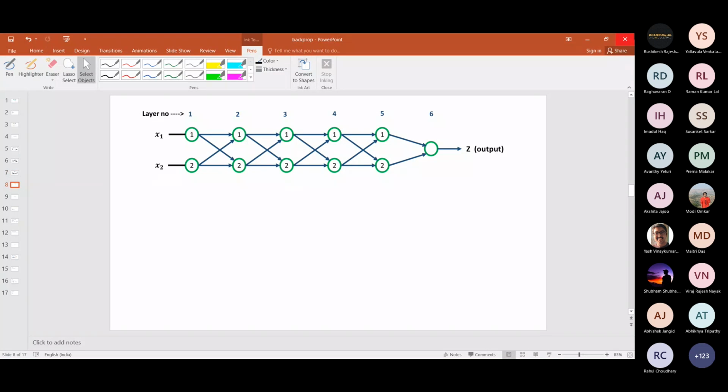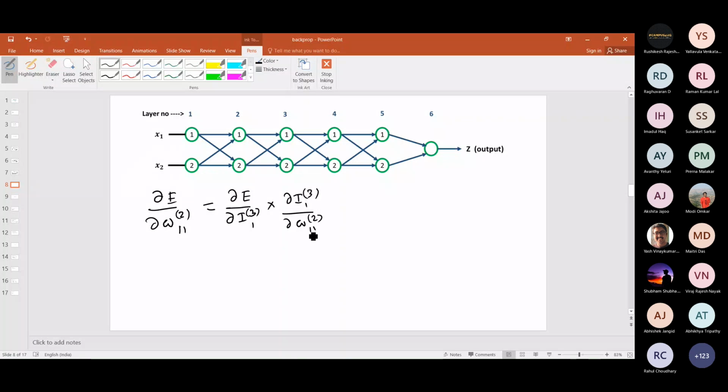So now what I know is that del E del W211 is equal to del E del I31 into del I31 with respect to del W211, that item.